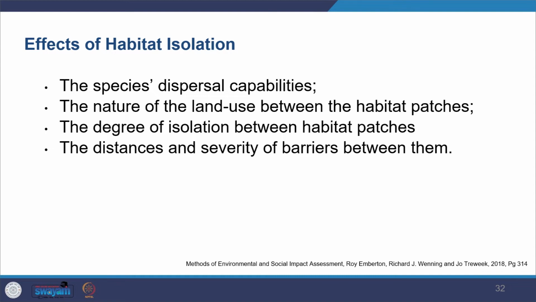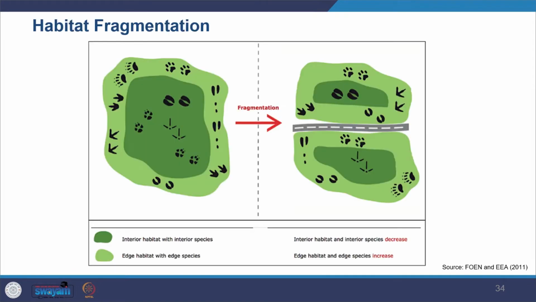It also affects the nature of land use between the habitat patches, so what kind of use is taking place. The degree of isolation between habitat patches is also affected, like the distance, what kind of barriers are coming, and then it gets isolated, and many times it doesn't survive that. We also see that habitat fragmentation limits the regional dispersion for many species.